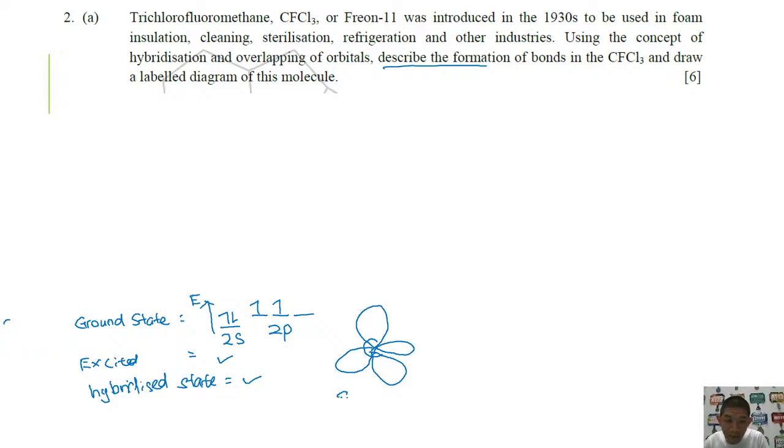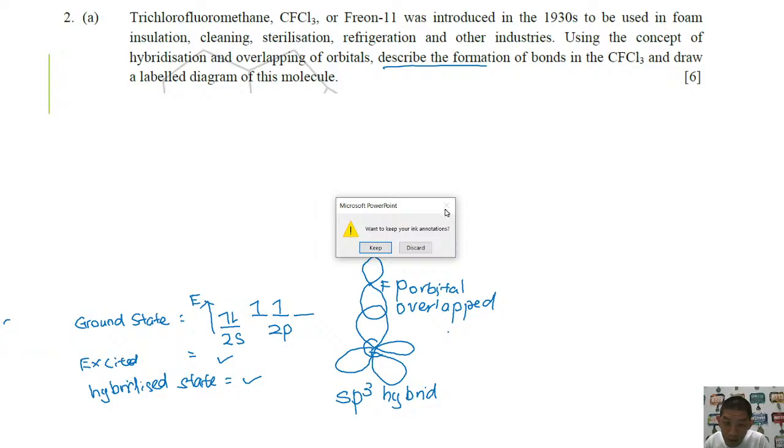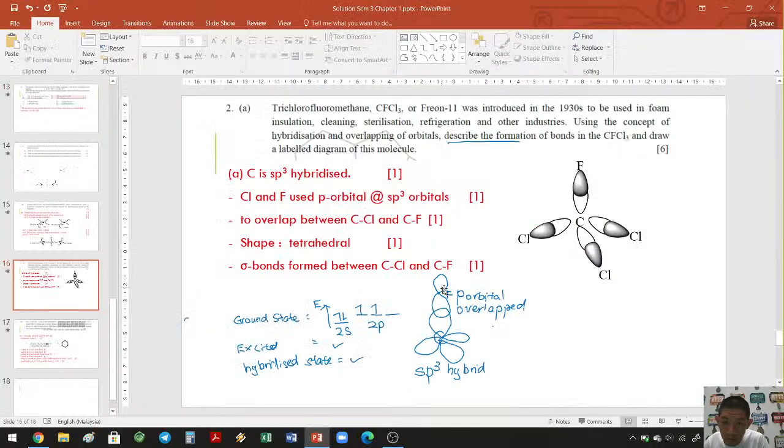So this carbon is sp3 hybridized. Inside here, the p orbitals of the fluorine overlap.